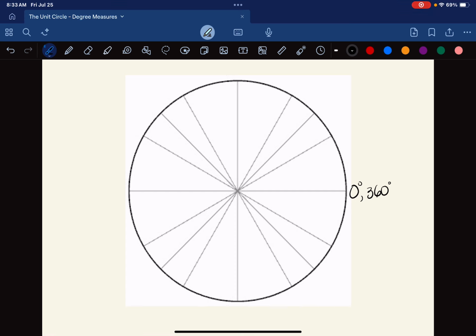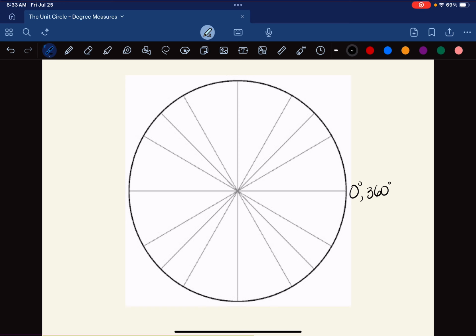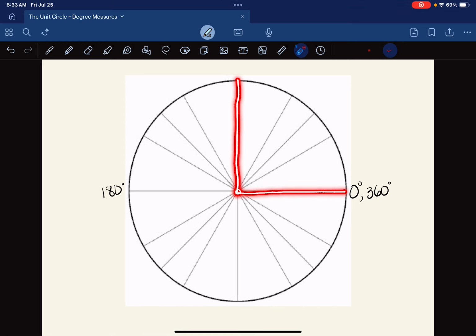All right, so if I take my radius and rotate halfway around my unit circle, how many degrees did we just create? Well, half of 360 is 180 degrees. So there's our halfway mark. What if I were to take this radius and only rotate a quarter of a turn?